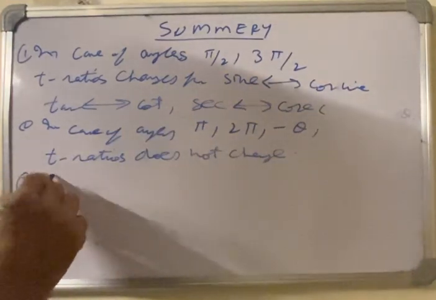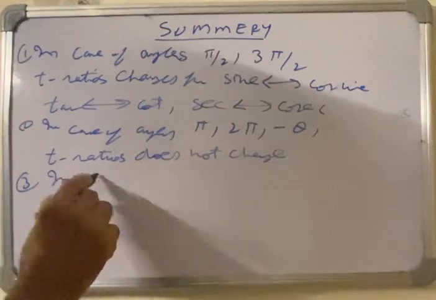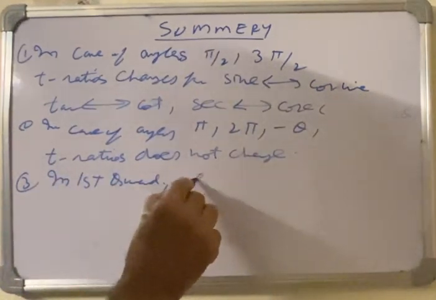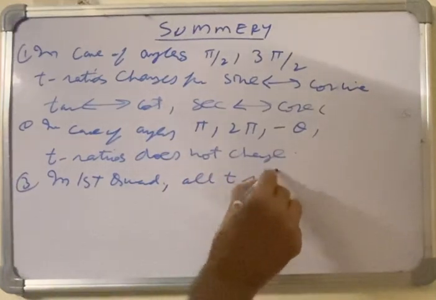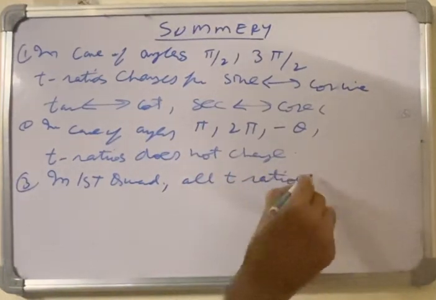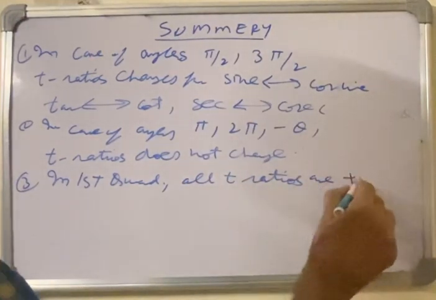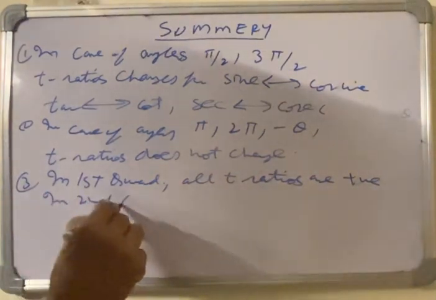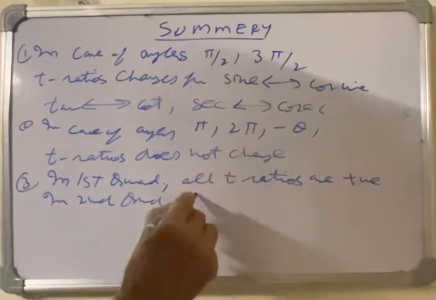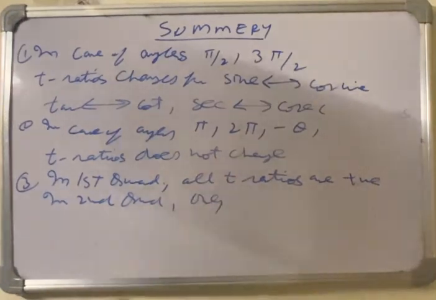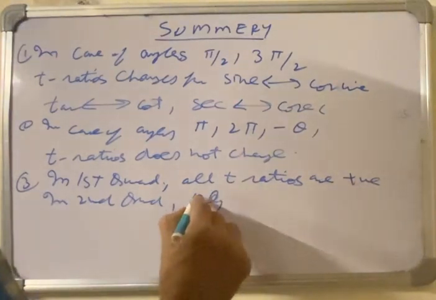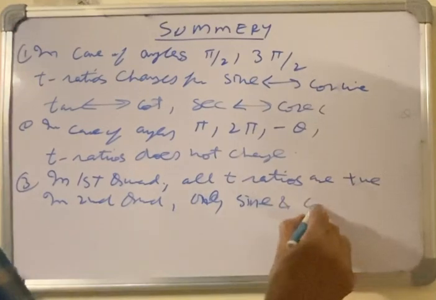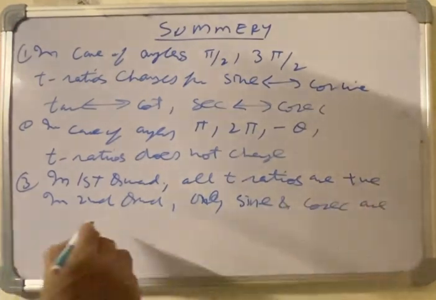Third, in the first quadrant, all trigonometric ratios are positive. In second quadrant, only sine and cosecant are positive.